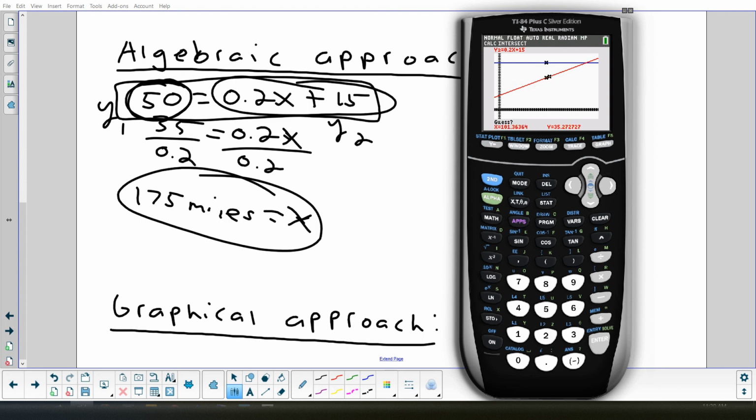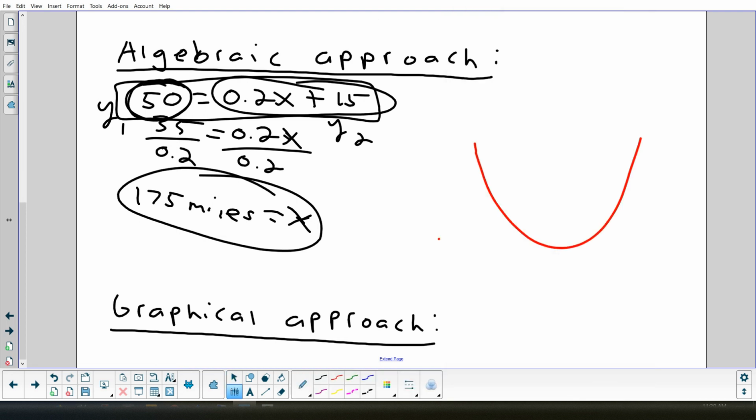Now, the third thing it says is guess. The guess isn't really important here. You could just hit enter and it'll work fine. When the guess becomes important is when you have something like this. If you have something that crosses twice, the calculator only gives you 1 at a time.